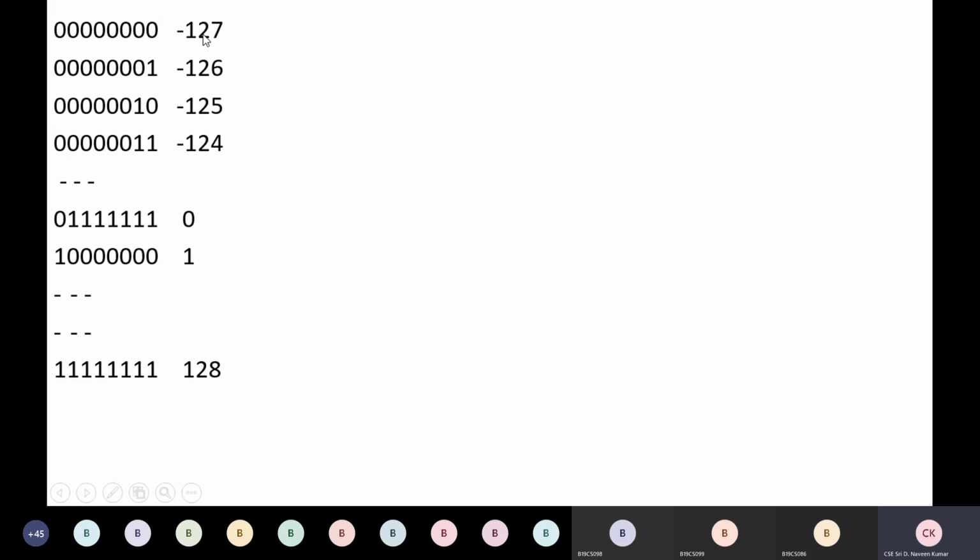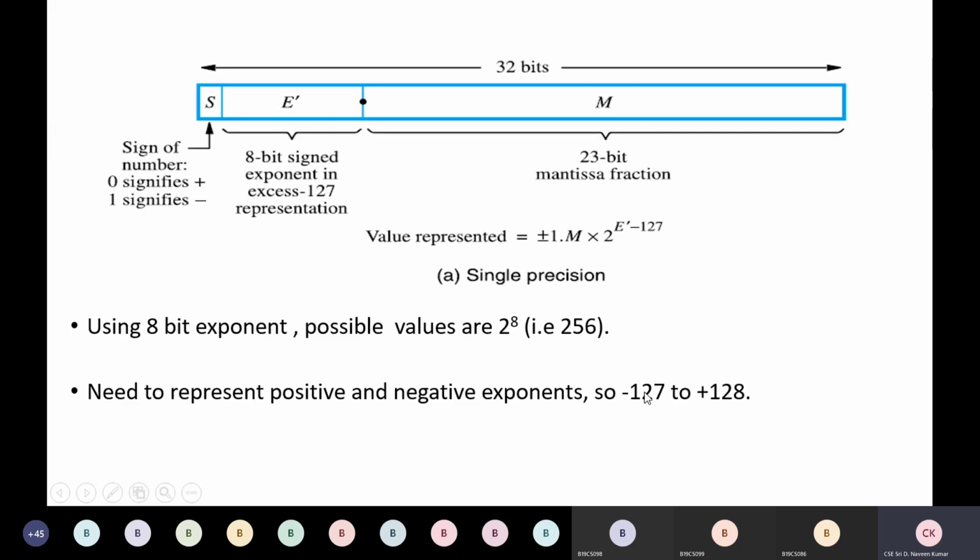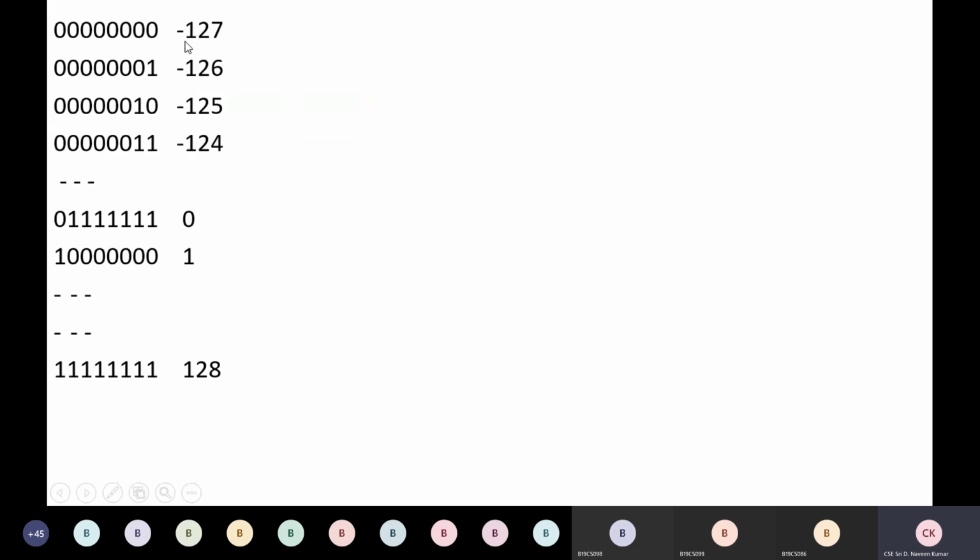You can see how they are represented in binary format. When we say -127 to +128, in binary format -127 is represented in this way, all 8 bits zeros. -126 in this way, -125 this one. You can see we are adding 1 each time. Next -124 is 11, -123 is 100 and so on.